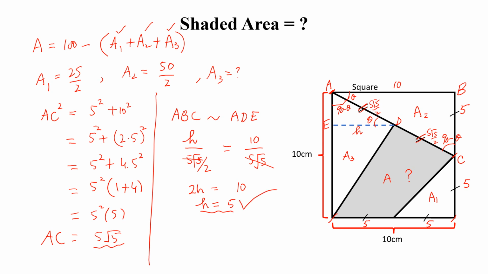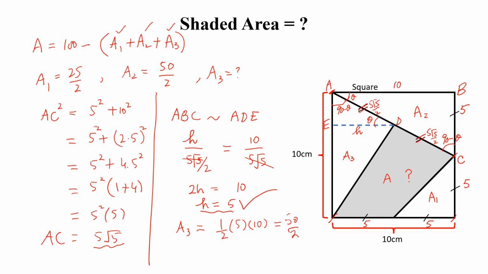If h equal to 5, then A3 is equal to half of 5 into 10, and this is also equal to 25 by 2. Sorry, 50 by 2.